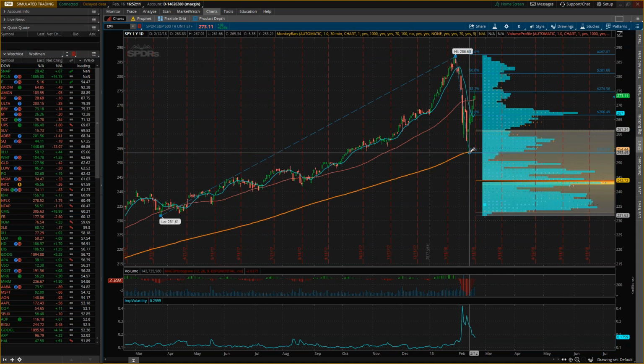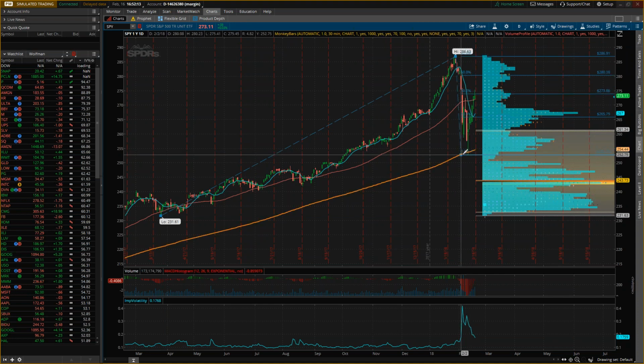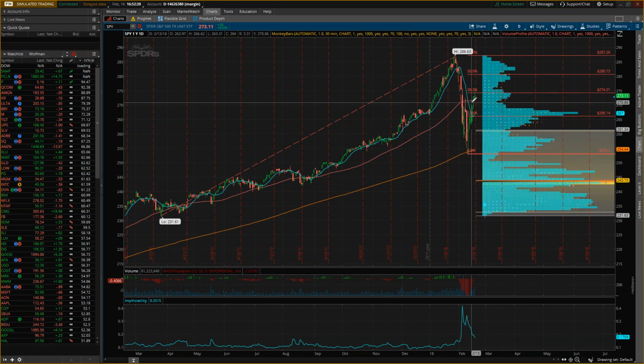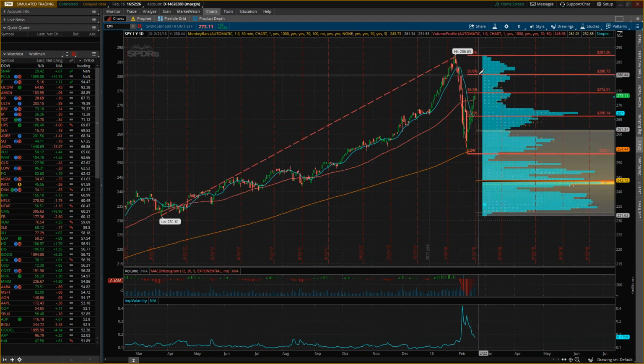For instance, if you wanted to play around with the Fibonacci's, it came up here and settled down. It gets up to the 50 fib. Maybe that's where your exit is, and that could be a little bit higher than where that long call is, but you can coincide that.